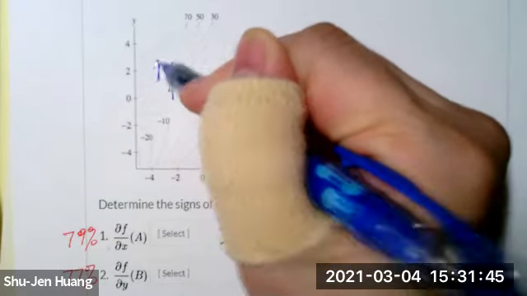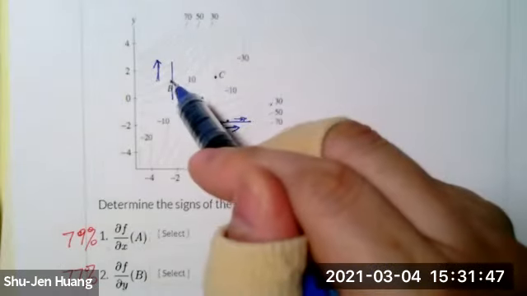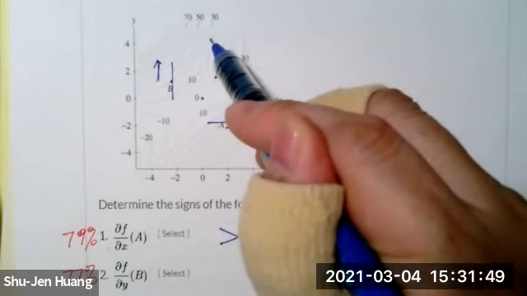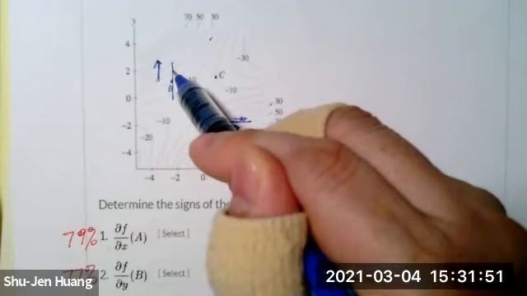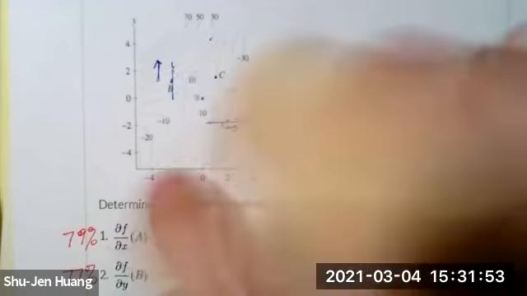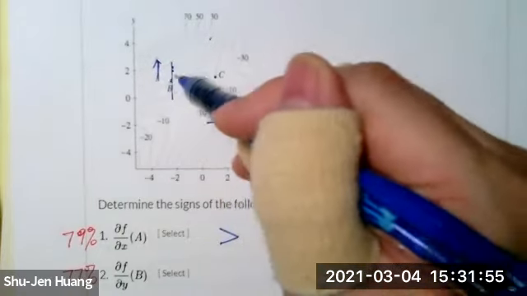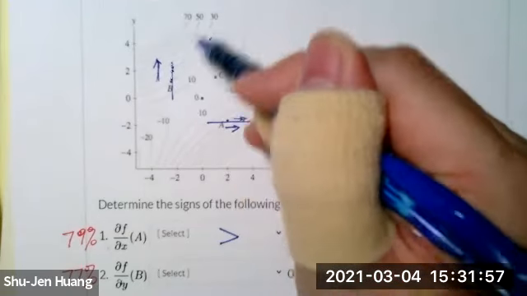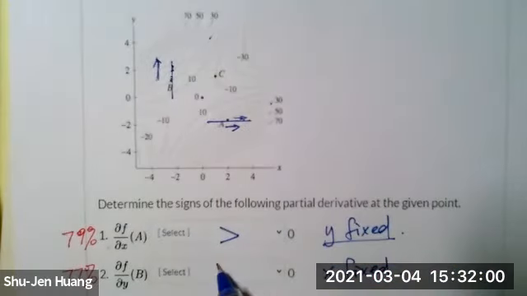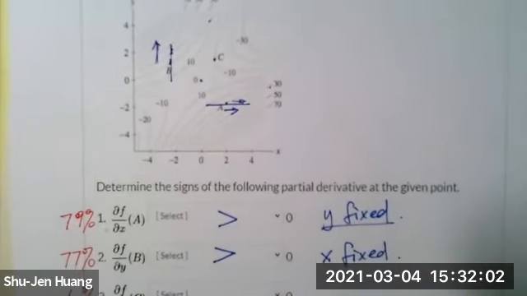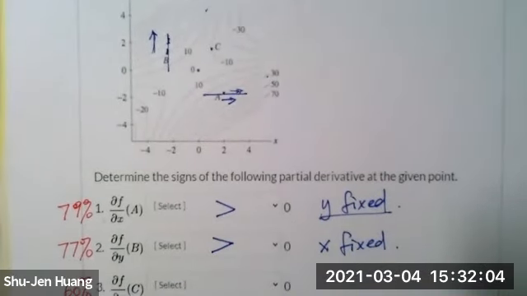Now let's increase the y value a little bit, and you can see the contour map here. This is 20 and 30, 40. Can you see that? When the y value increases, the function value also increases. So again, partial f, partial y is greater than 0.